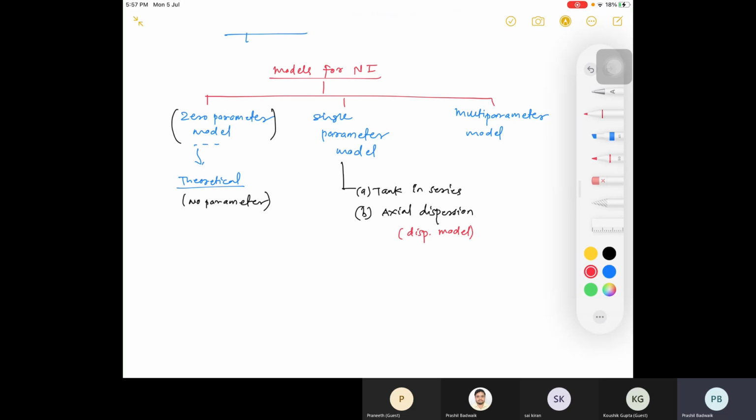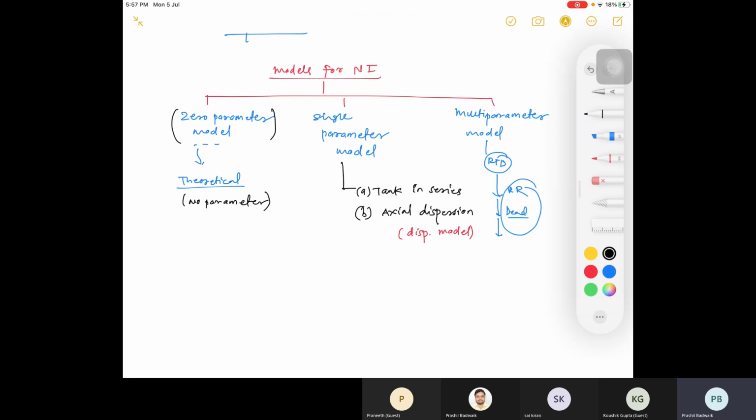And in the multi-parameter model, along with RTD, you will have many parameters to guess what kind of non-ideality is there in your system. That may be your recycle ratio, your dead space, anything, but multiple parameters will be there. For the timing, just remember this classification.